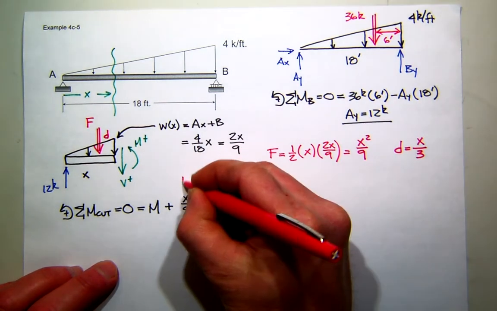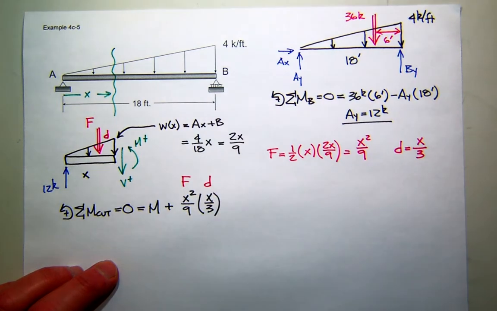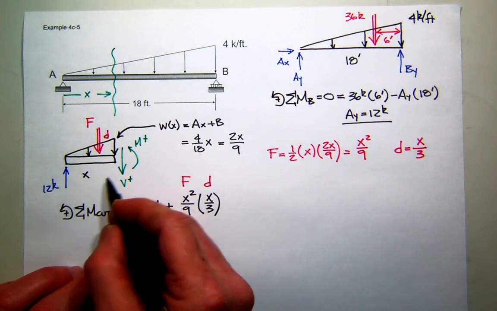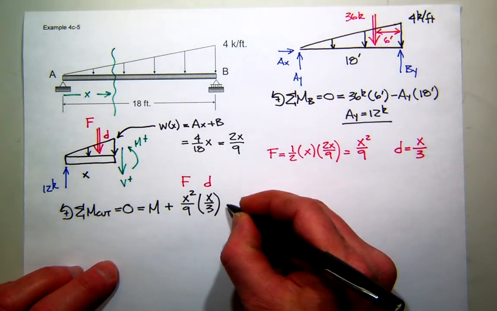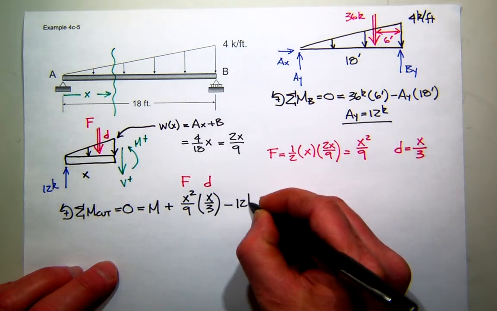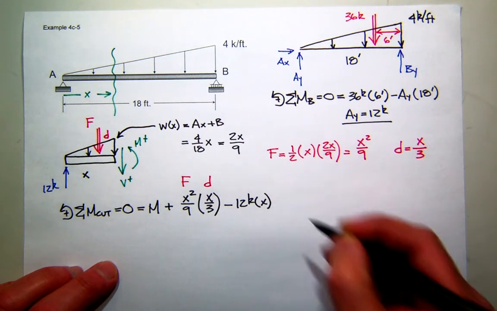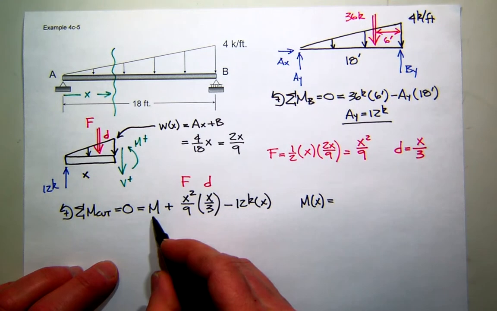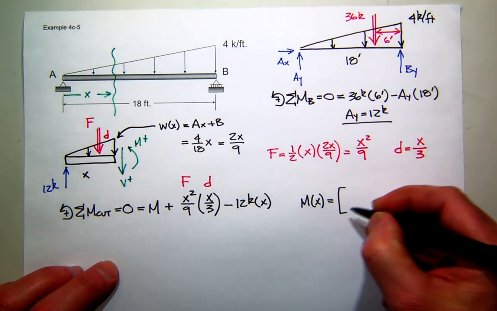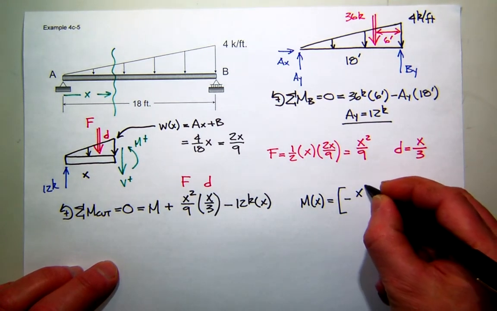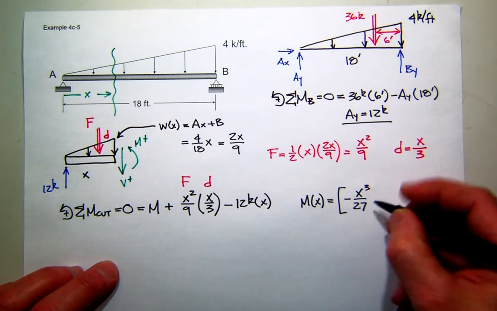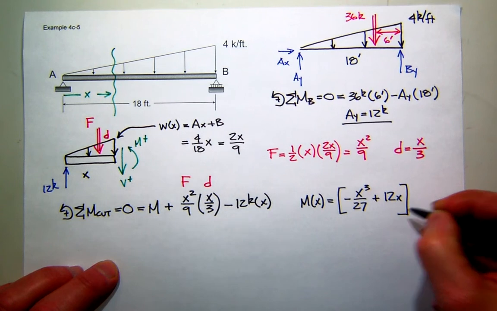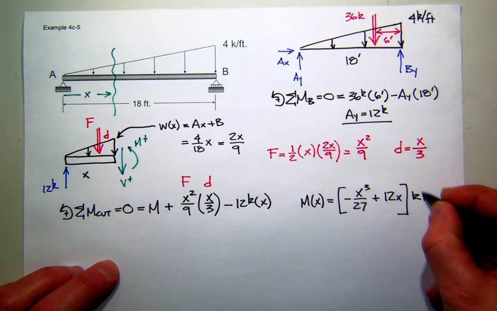So don't forget force, distance. And then I get all the way down here to 12. What kind of moment does that create about the cut? Negative. So I get 12 kips times the moment arm of x. So it looks like my moment equation, to solve for the moment, is going to be negative x cubed over 27 plus 12x. And that will have units of kip feet.